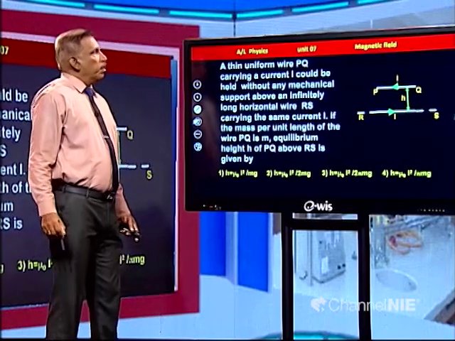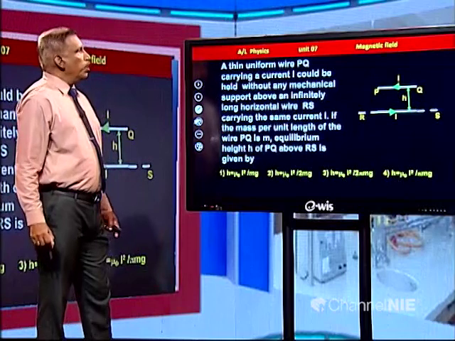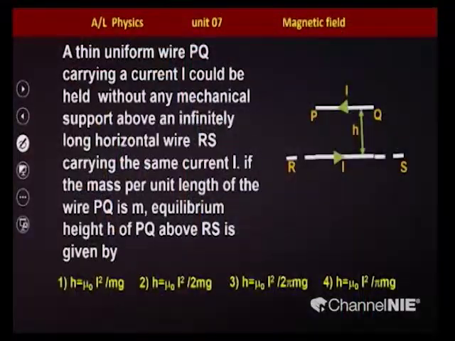So, here we go to another sum. A thin uniform wire PQ carrying a current I could be held without any mechanical support above an infinitely long horizontal wire RS carrying the same current I. If the mass per unit length of the wire PQ is small, the equilibrium height H of PQ above RS is given by.